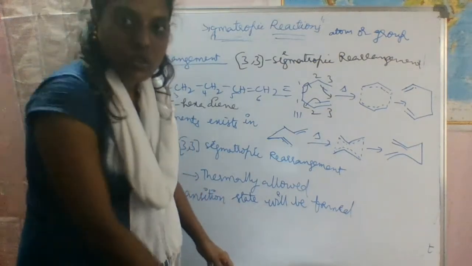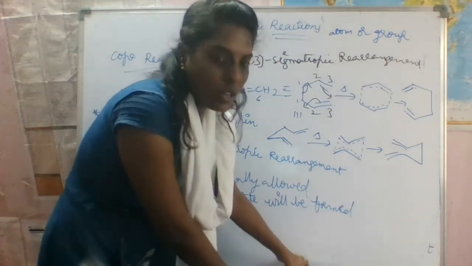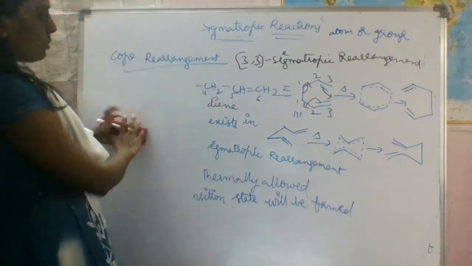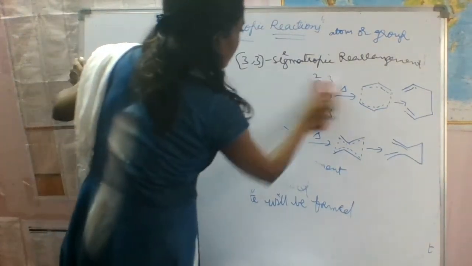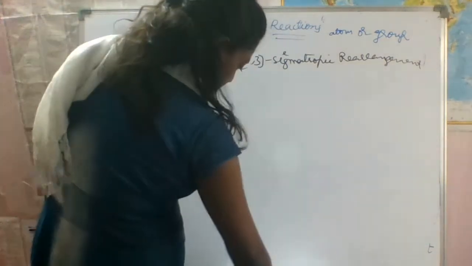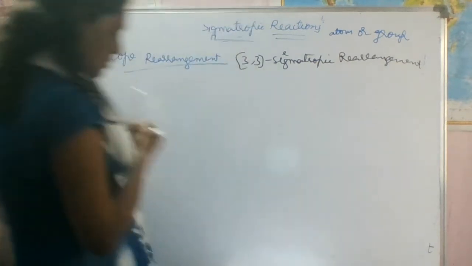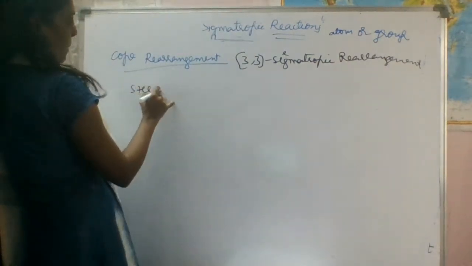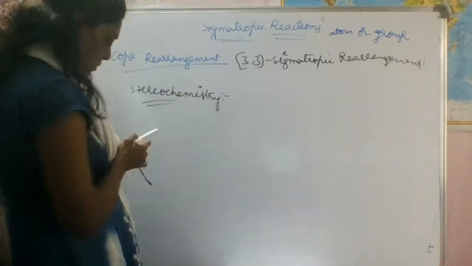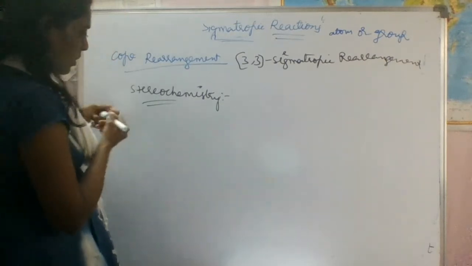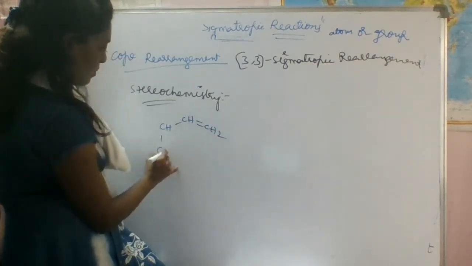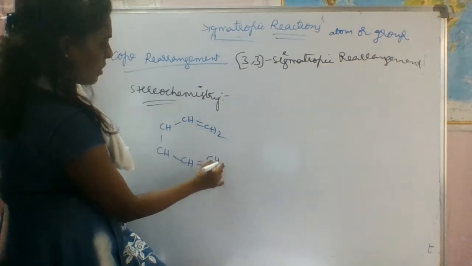Let's see what the stereochemistry of this Cope rearrangement is. Stereochemistry. We just have to write CH double bond CH2, and CH3 is there.